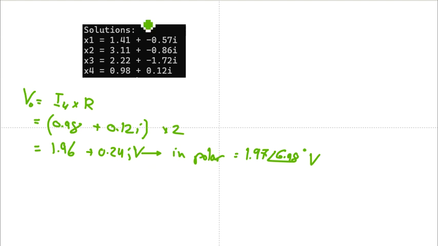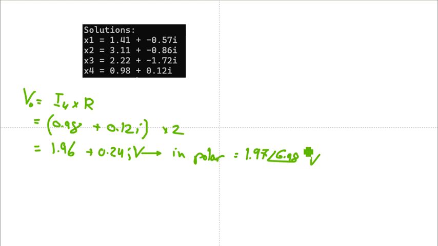That's one form of writing the answer, but most teachers will ask you to write it in polar form, because it's easier to deal with, or it makes more sense in the phasor domain. When you write in the polar version, not the rectangular or complex version, you get 1.97 with an angle of almost 7 degrees, 6.98 degrees, volts.